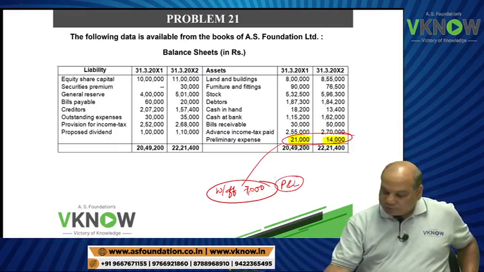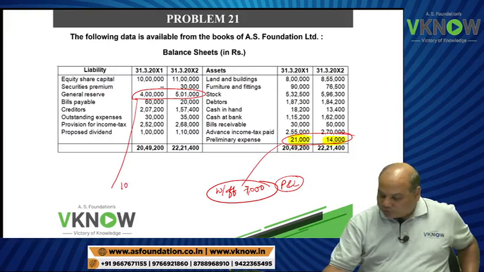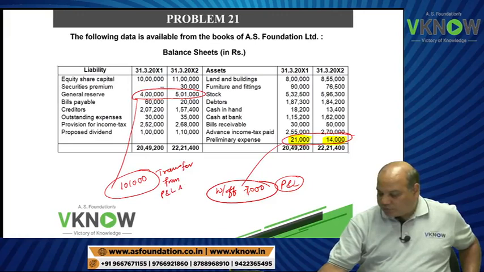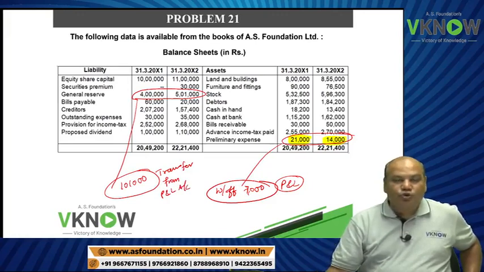Is it right? And similarly, this general reserve 1,01,000 is increased. So what must have happened? Transfer from P&L account, right? So you should know all these basic things by now.